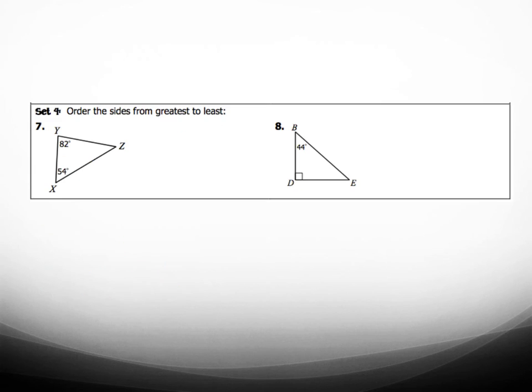One more practice. Order the sides from greatest to least. We're still missing information, so let's figure out what that missing angle is. 44 degrees. They want us to list it from greatest to least, so we're going with 82, 54, 44.